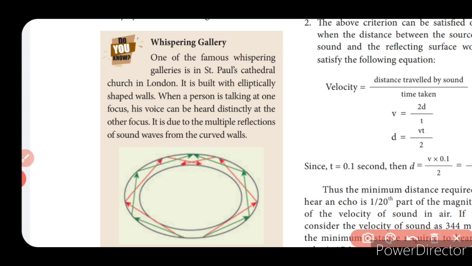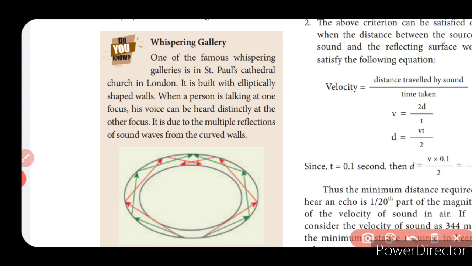So if it is a plane surface, it will follow the law of reflection and there will be no change in the intensity. If it is a convex surface, the reflected ray will diverge out and the intensity decreases. If it is a concave surface, it is focused at that particular point and the intensity will be concentrated there. So halls, concerts, malls and whispering galleries are made in an elliptical way so that the intensity is more.